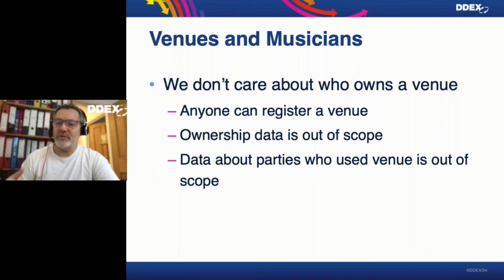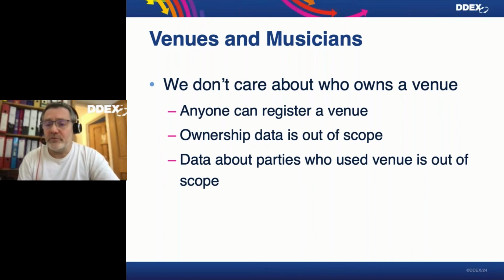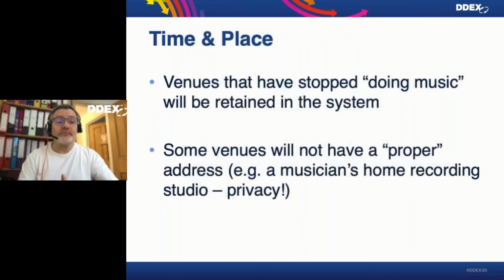Now, that information may very well be important, and it's also important information about who played at number 3 Savile Row on the Roof Terrace and who played at Abbey Road Studios. Clearly, that is an important piece of information for the music industry, but it's not critical information for the venue identification system. So we don't really care about that in this context.